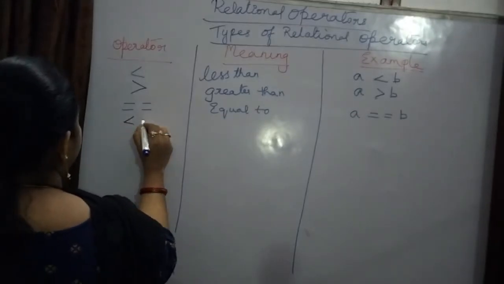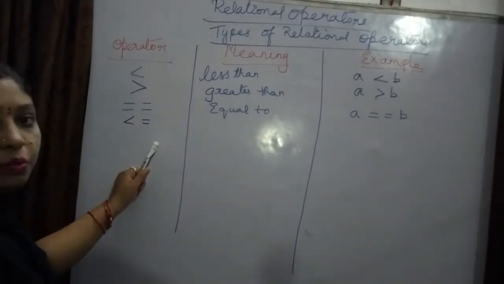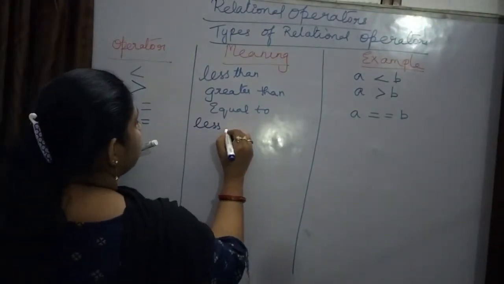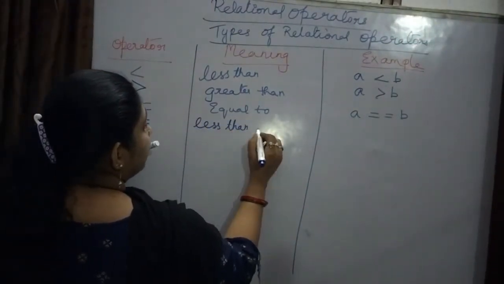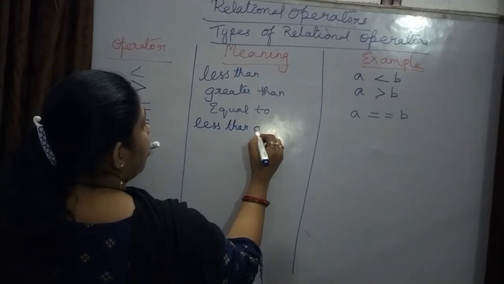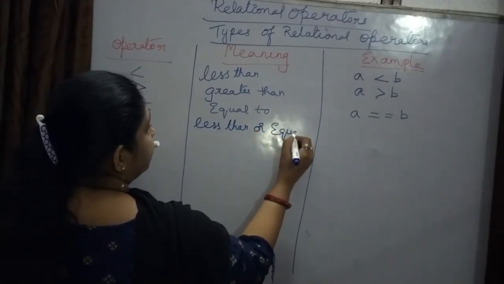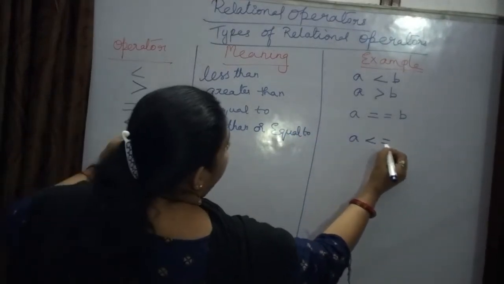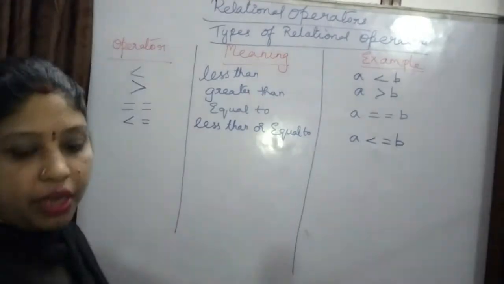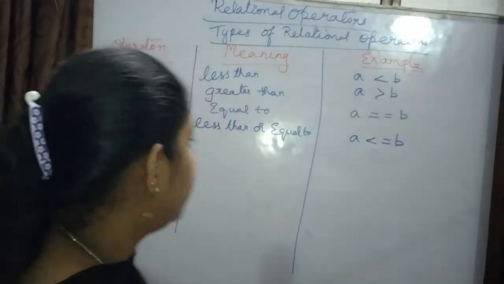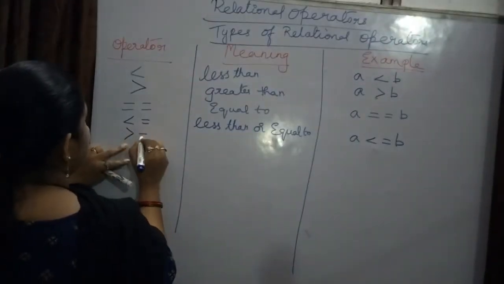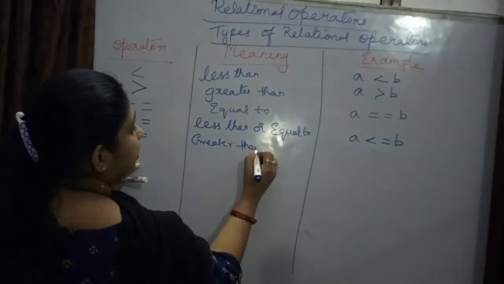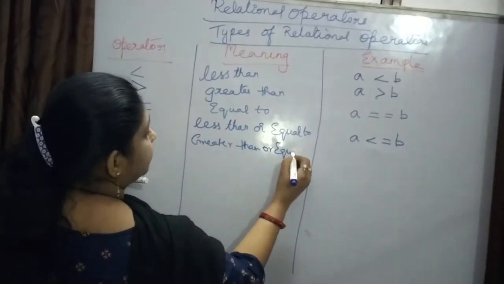Next, less than and equal to, both used at a time. You will call this less than or equal to: A <= B, both conditions written together. Next, greater than or equal to.